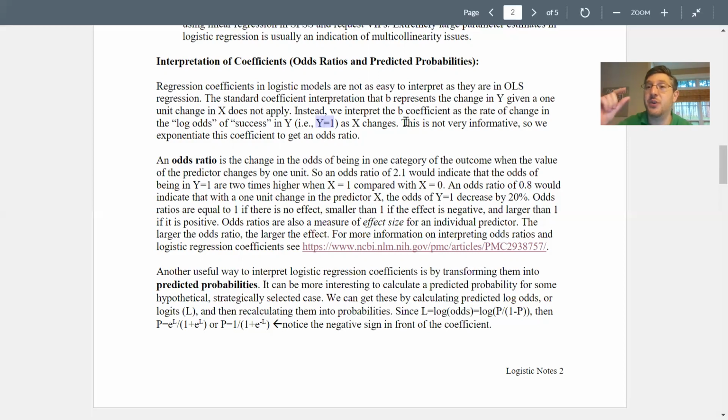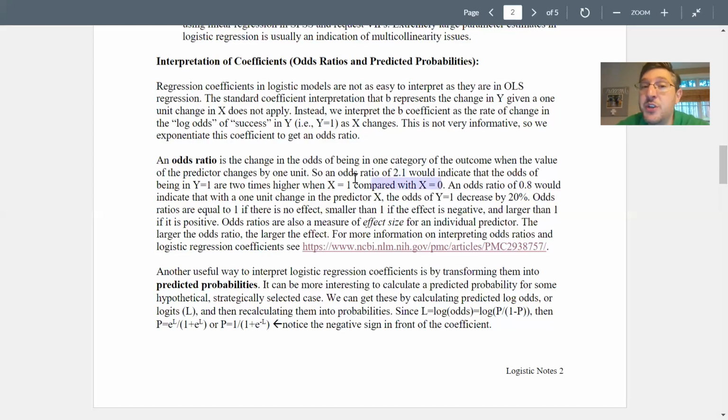It's a ratio of two odds. So it's the change in the odds of being in one category of the outcome when the value of the predictor changes by 1 unit. So if our odds ratio is, say, 2.1, that would indicate that the odds of being in group 1 are 2 times higher when X is 1 compared to when X is 0.